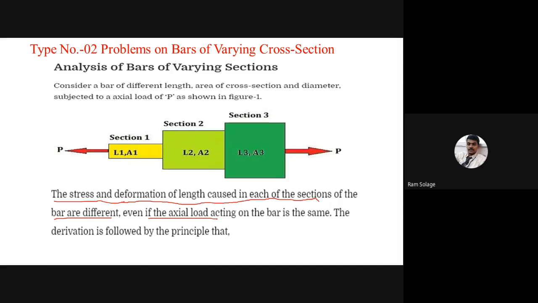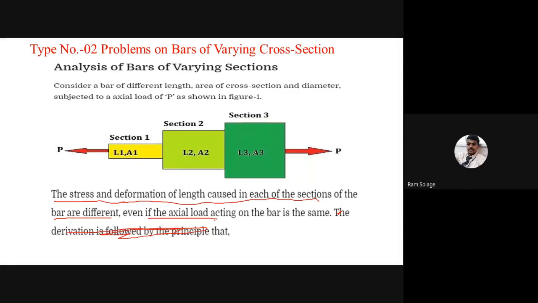Meaning of this sentence: up to here, we have tried. Don't write this part. Up to this point, we have written in the notebook, title type number 2.